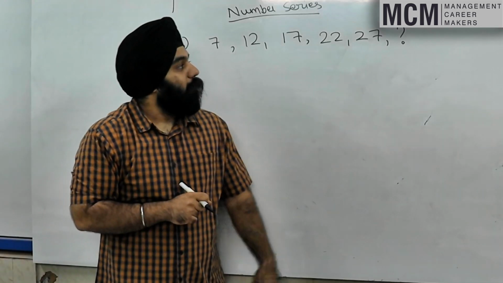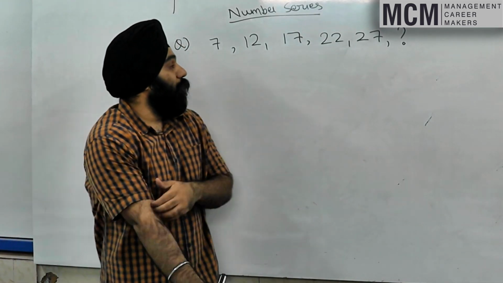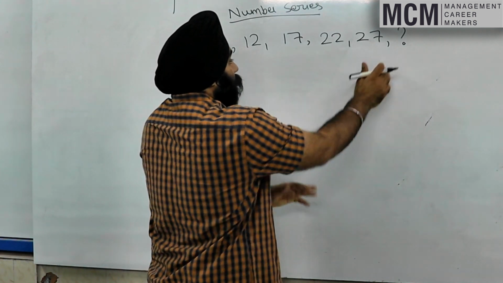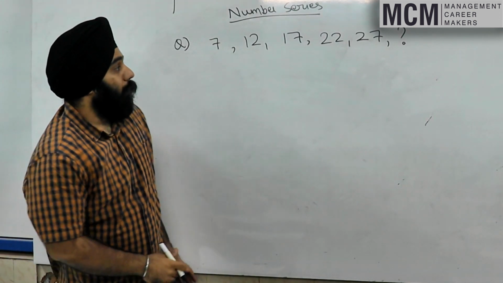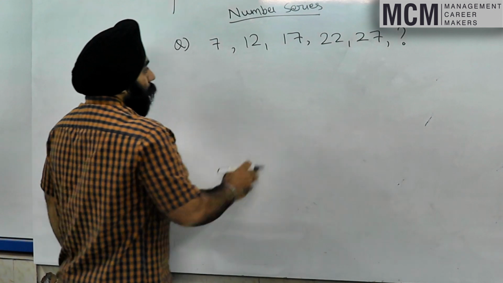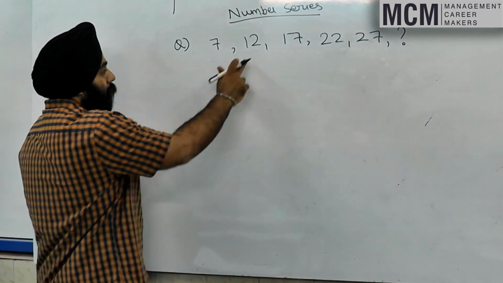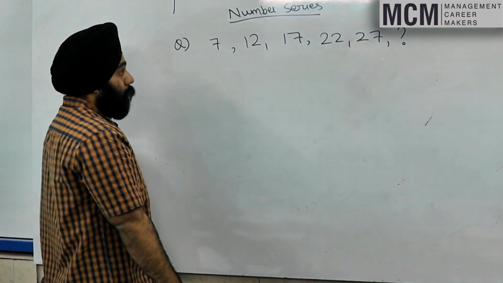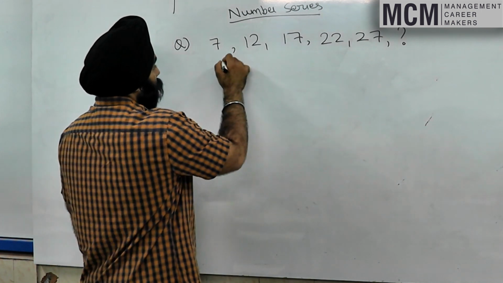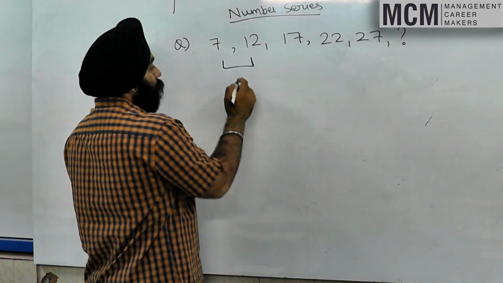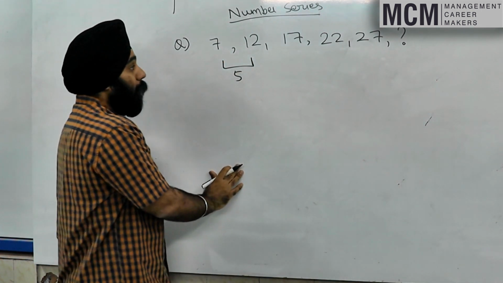So let's look at this series over here. We need to find out what is the next number in this series. Now, any series that we get, let's essentially just find the difference between the two numbers. What is the difference over here between 7 and 12? Difference is 5.